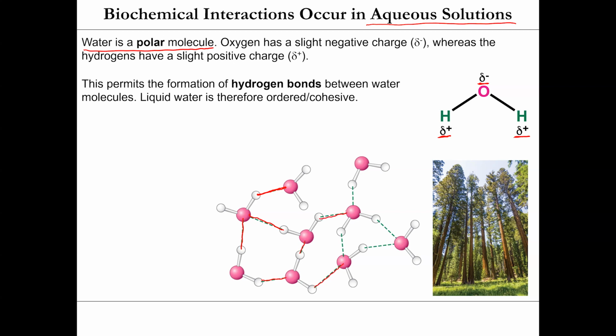And you can see that in an aqueous solution, these hydrogen bonds are going to be forming between all the different water molecules. So this gives liquid water an ordered or cohesive characteristic. And this is actually how really tall trees like redwood trees are able to bring water all the way from the soil to the very tops of the trees.